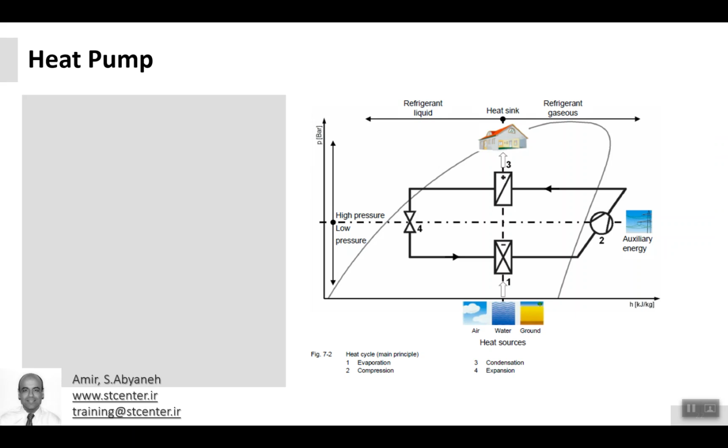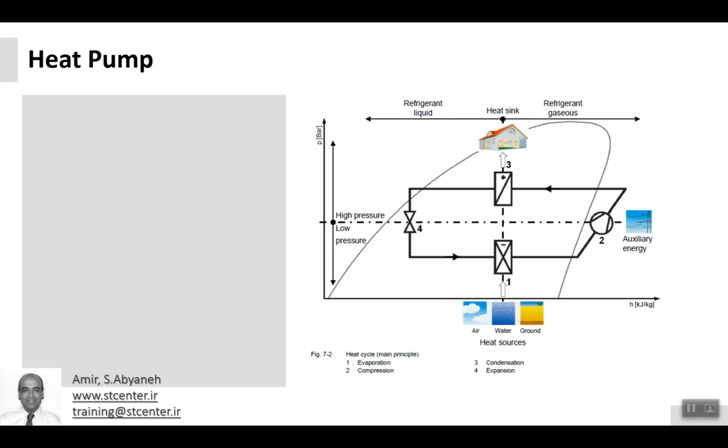In the opposite of the chiller type, we have the heat pump. A heat pump also consists of 4 parts: condenser, evaporator, expansion valve, and so on. But the direction of the refrigerant gas is different.